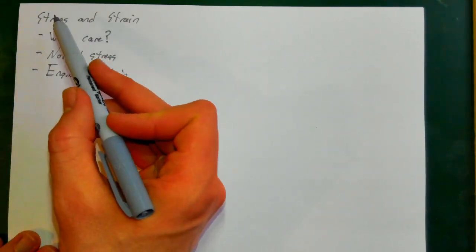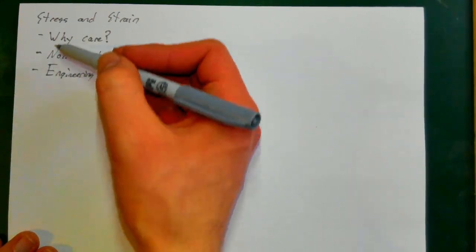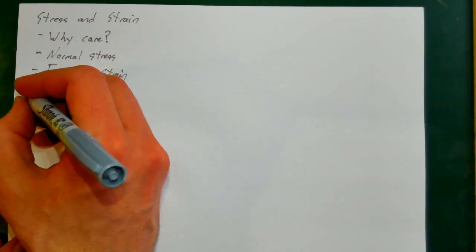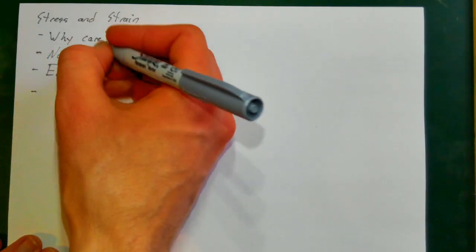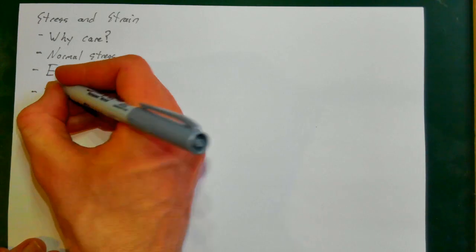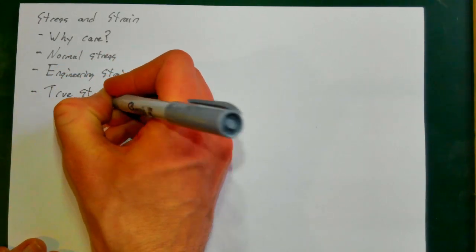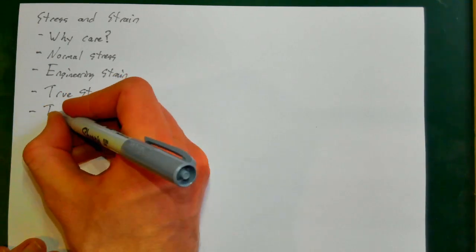There are a whole bunch of different ways to characterize exactly what we mean by stress and exactly what we mean by strain. So first, I'm going to list out the topics, and we'll cover each one in more detail. Then we're going to move on to what's called true strain and true stress.